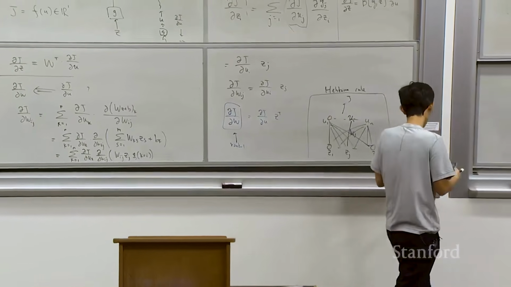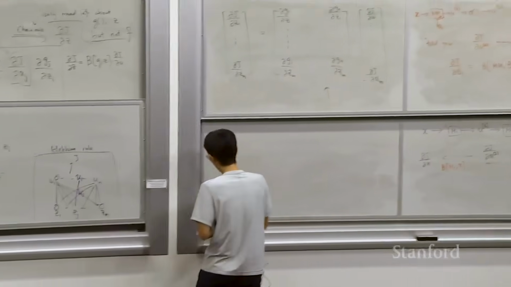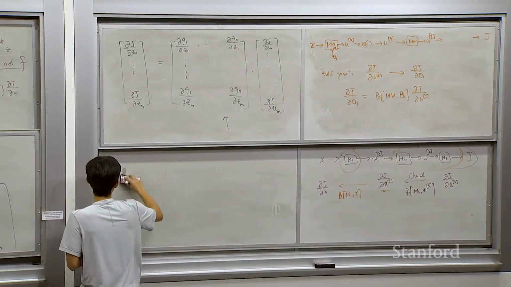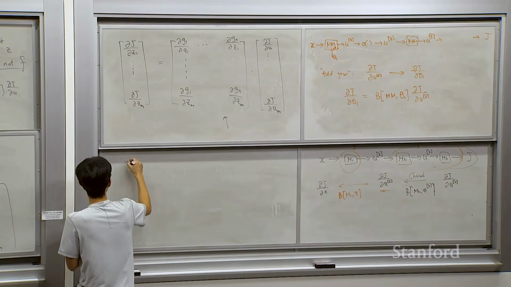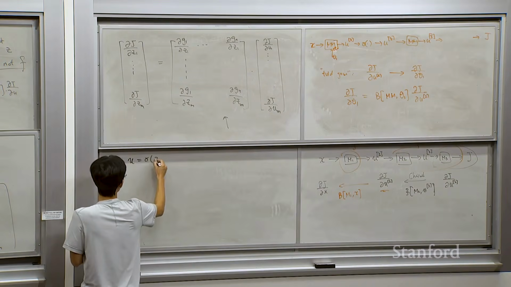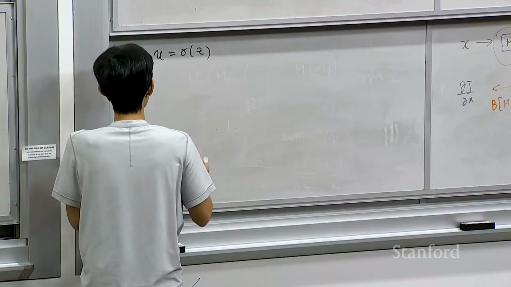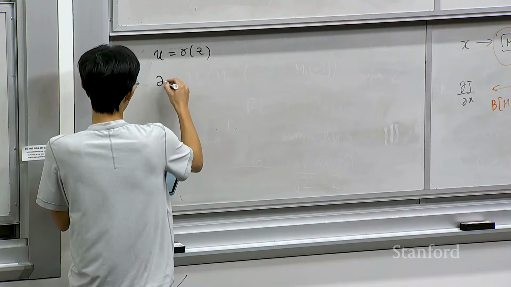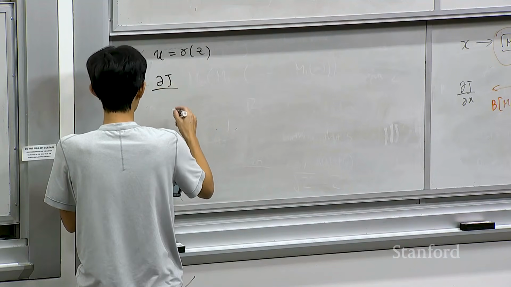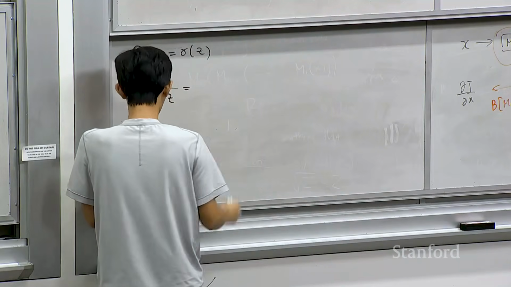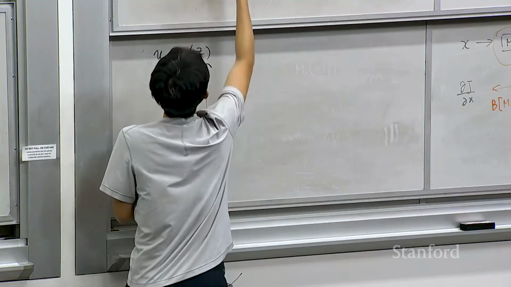I guess you have seen the general way. If you can write it as a matrix application, you should just write it. Suppose now we have another case where u is equal to sigma of z, so the function g becomes a sigma, the activation function. And then we know that dJ over dz is equal to this thing above.